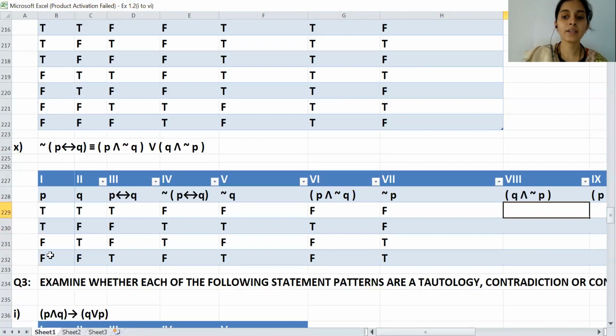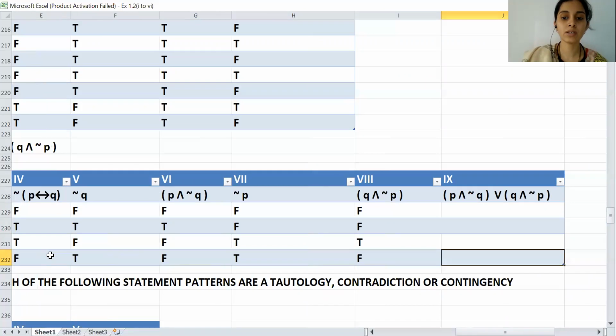Then Q and negation P. So 2 and 7. T and F, false. F and F, false. T and T, true. F and T, false. Now the last one. Last column says you have to use the 6th column and the 8th column and or then.